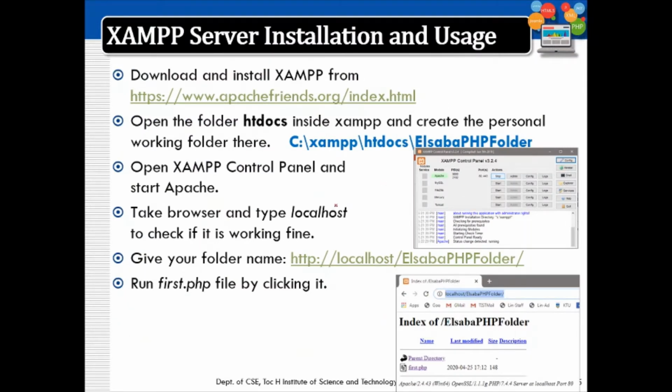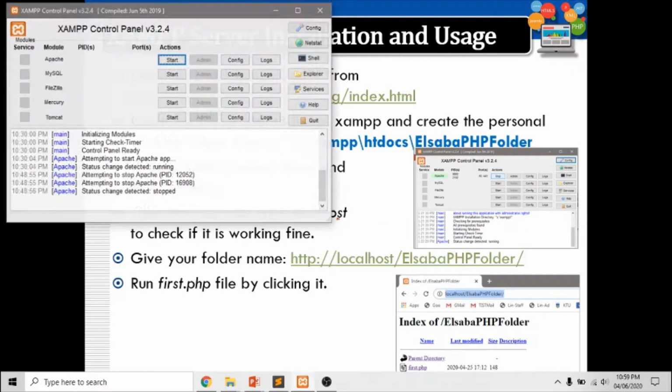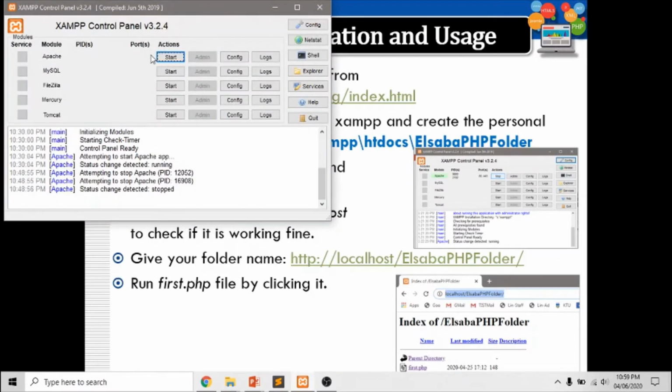So I have installed XAMPP in my system. My XAMPP is installed in C folder. So here is my XAMPP control panel. I'm going to start the Apache server here. So just click the start button.